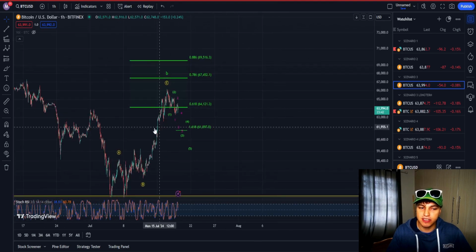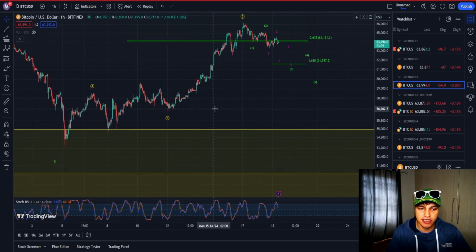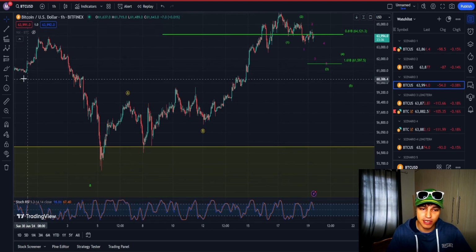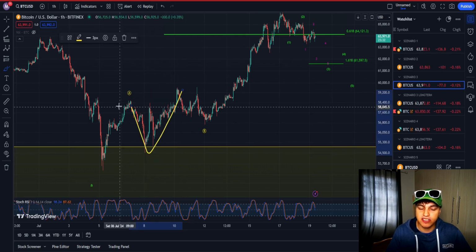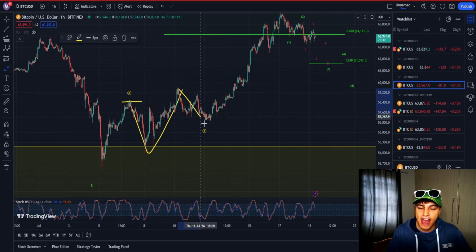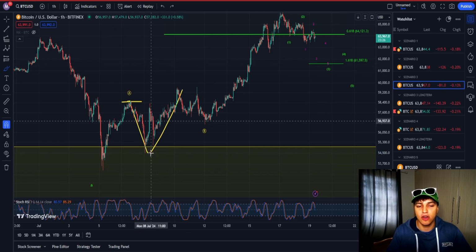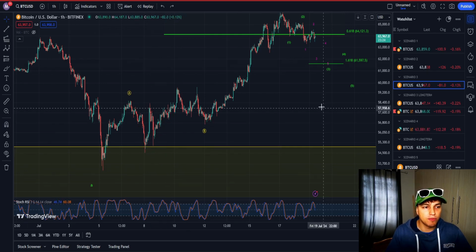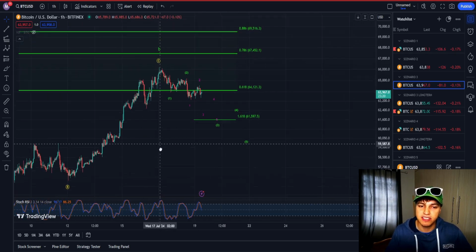So in this case, this B wave being a flat, as we can see, and a running flat, as we can see here. The A wave coming down, a B wave extending past the original A, and a C wave not expanding past the low of A there. So B wave being a running flat and a general impulse in wave C.